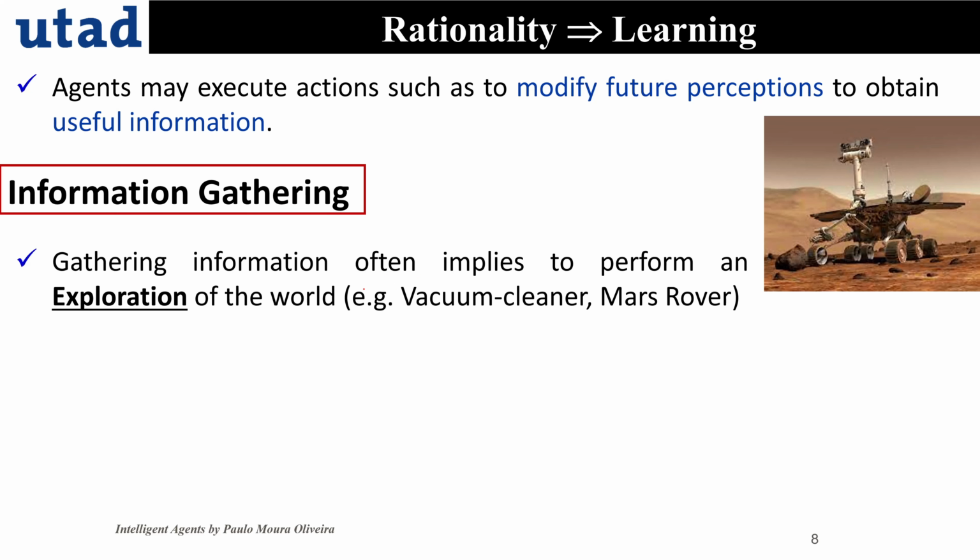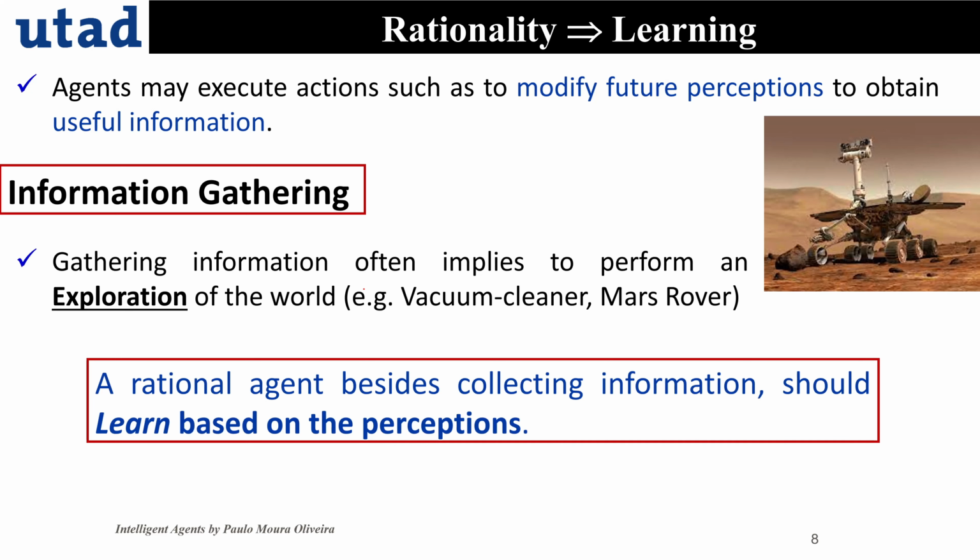Many times they have to explore the world to obtain more information. And by collecting this information, it is expected that the agent will learn based on perception. So rationality implies learning.